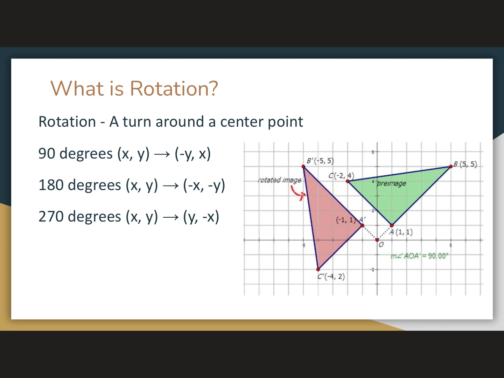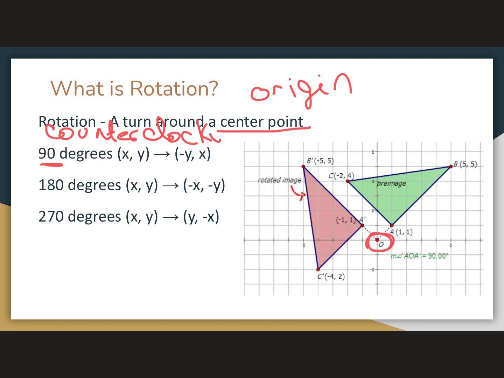So what about rotation? So rotation, it depends. With all these around the center point, your center point has to be your origin for any of these to work. Your origin, which is, remember, that's right here where your two axes meet. So if it is a 90 degree, remember all these are counterclockwise.